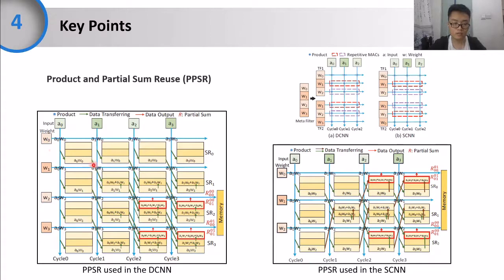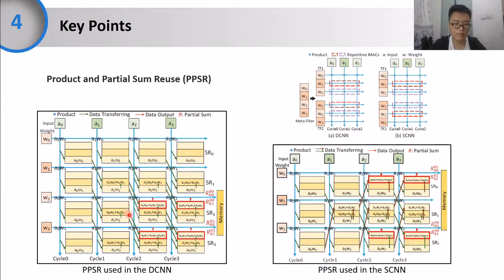So in our computation process, when the first activation is input, it will be multiplied with the weights, and the product will be stored in the stacked register. When the second activation is input, the product will also be stored in the stacked register, and these products will be added with the former products like this, and generate the p-sums and stored in the register. And when the third activation is input, the products will also be stored, and the products will be added with the former two p-sums like this.